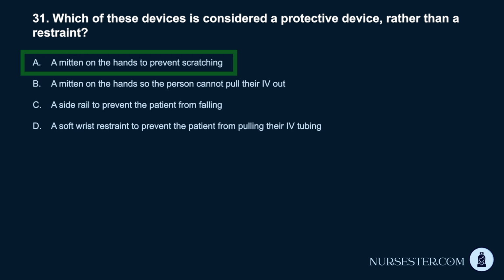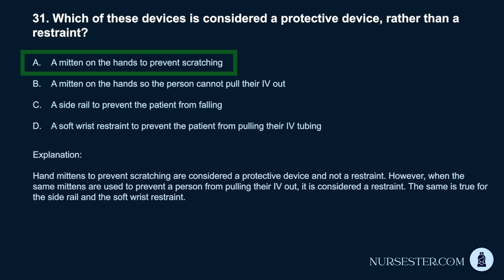Correct answer: A. A mitten on the hands to prevent scratching. Hand mittens to prevent scratching are considered a protective device and not a restraint. However, when the same mittens are used to prevent a person from pulling their IV out, it is considered a restraint. The same is true for the side rail and the soft wrist restraint.